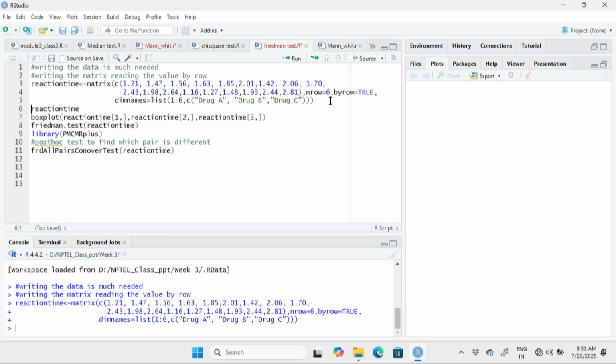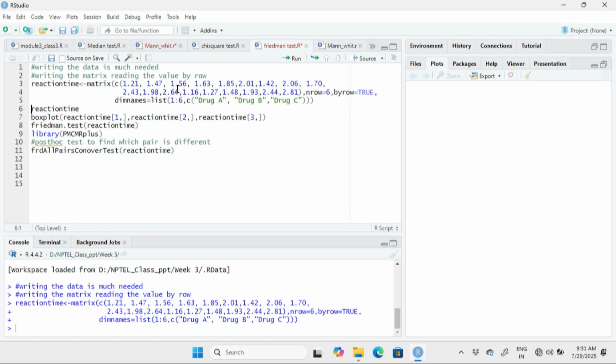What does it mean? That means when you are giving the values 1.21, 1.47, 1.56, you are instructing R to read these observations along the row. So, 1.21, then 1.47, then 1.56.